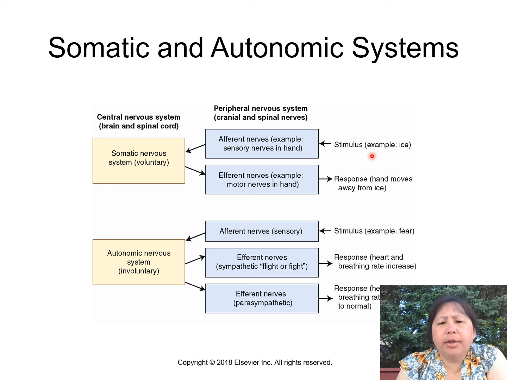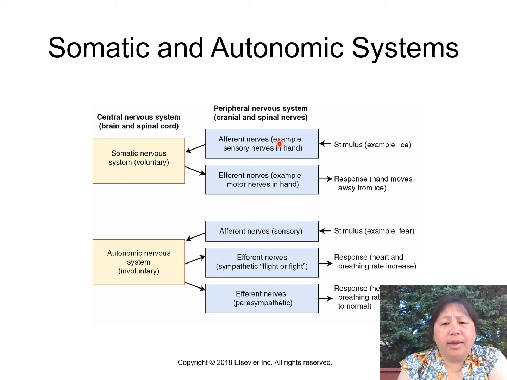It's trying to give you an example. Let's say you have sensory receptors and nerves on your hand, and you're touching ice and it's very cold. What will happen is this stimulus, these sensory receptors, will carry a message through your sensory nerves in your hand. And remember, sensory nerves are your afferent nerves.